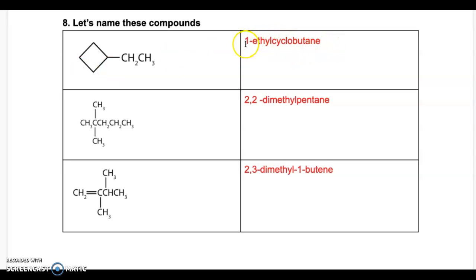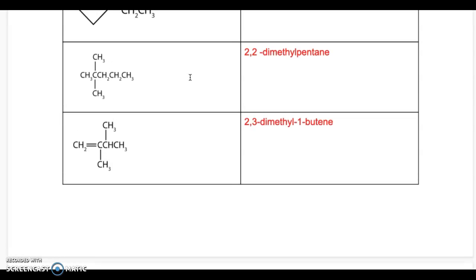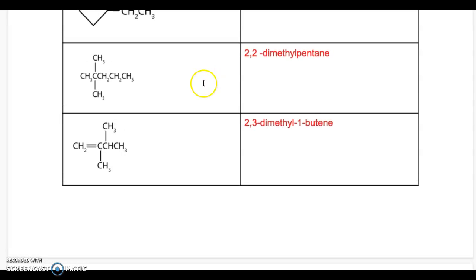You can definitely specify at what carbon it is located, right? Ethyl cyclobutane. But since there are no other alkyl groups attached to it, we don't even have to add it. You can write just ethylcyclobutane because there's only 1 group and it's always going to be attached to carbon number 1. Okay, let's move on to the next one.